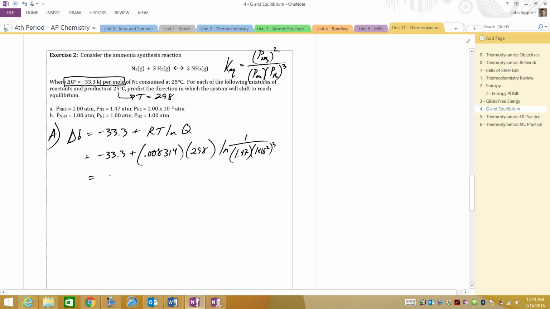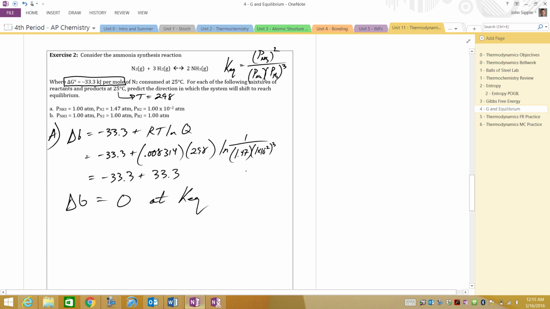We work that out and it turns out to be 0. Delta G equals 0, which just means we're at equilibrium.